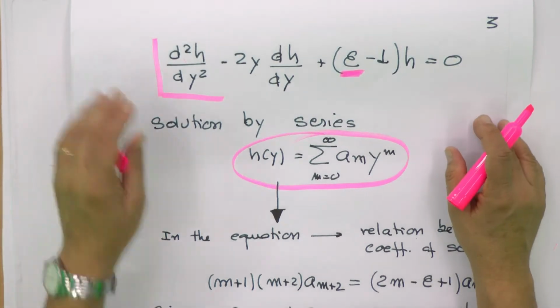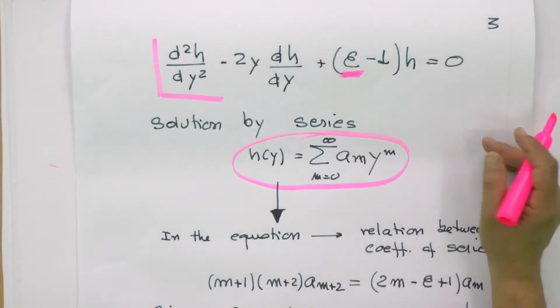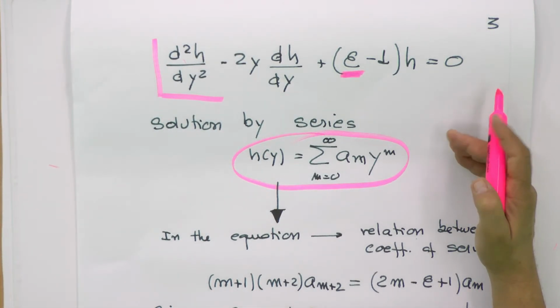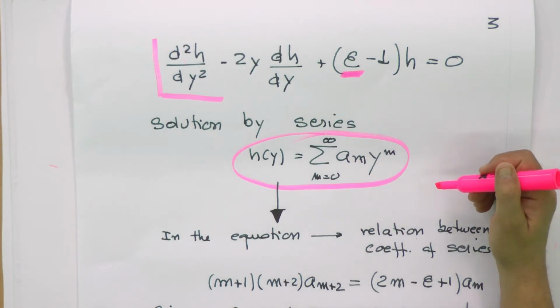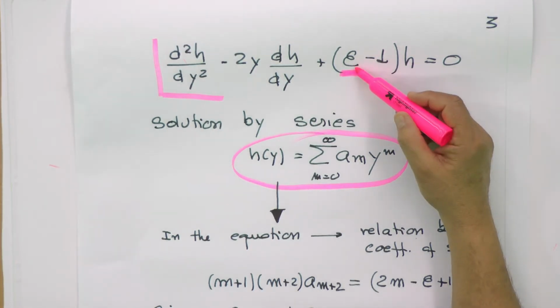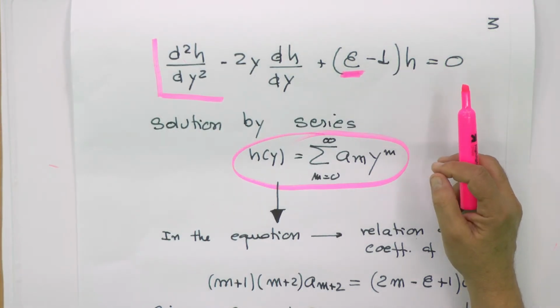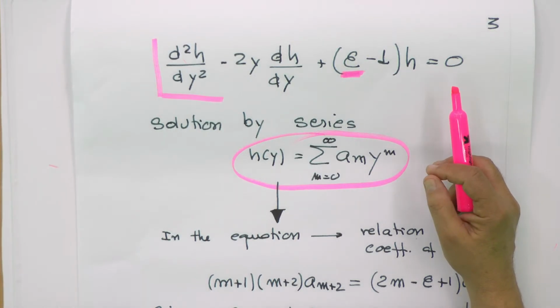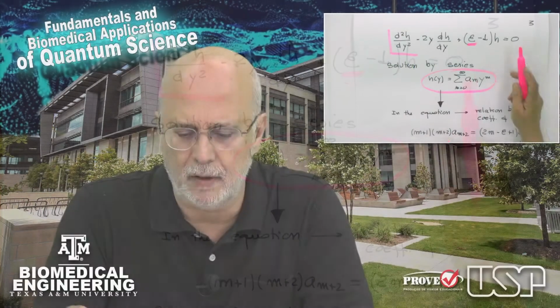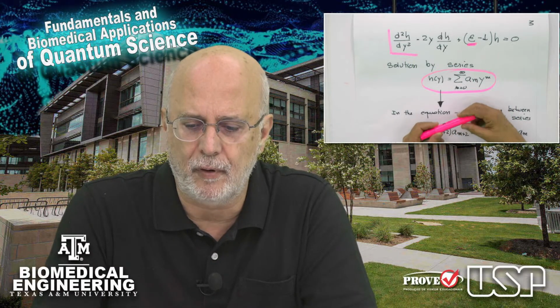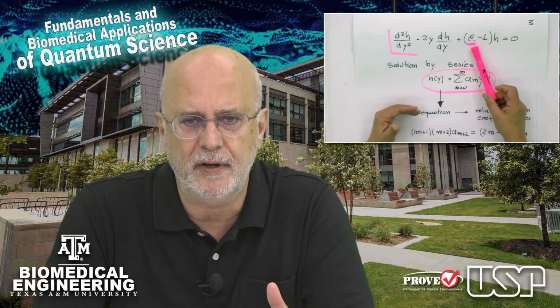And that's very interesting because you're going to see that when I get the recurrence relation for the coefficients, for some value of epsilon, this is interrupted, right? This is interrupted, and we call it a truncation of the series, and therefore we're going to find the different values of energy that allow.